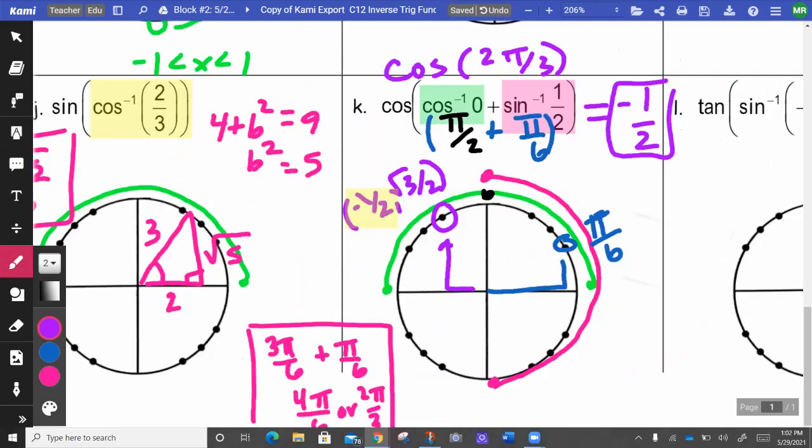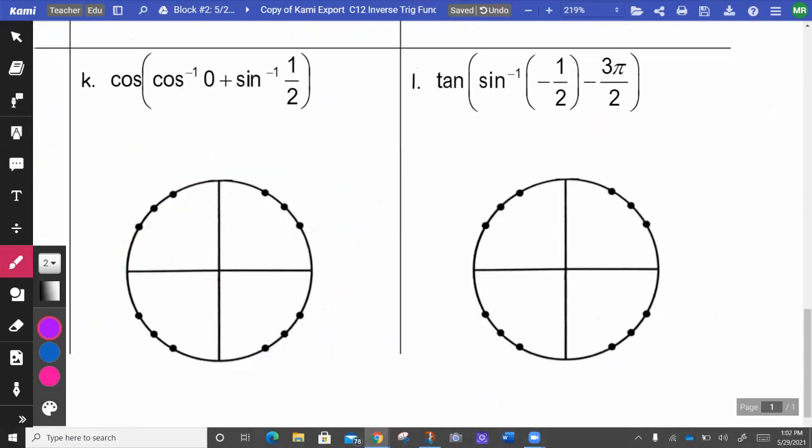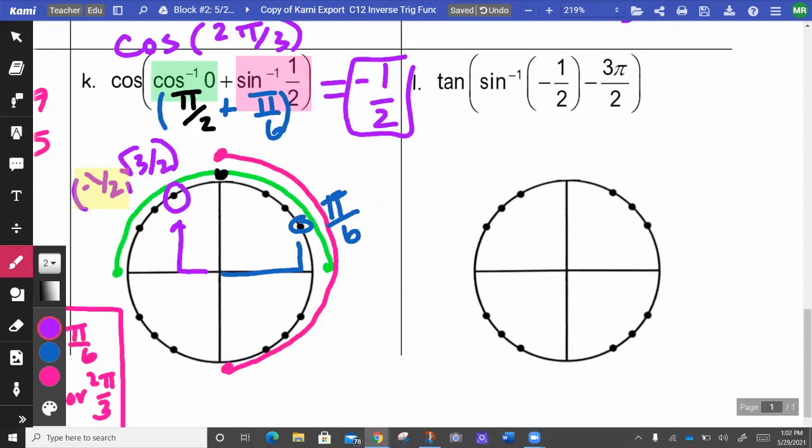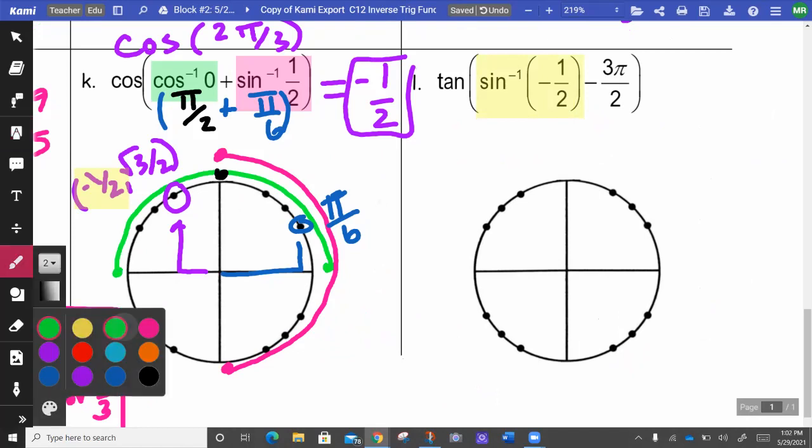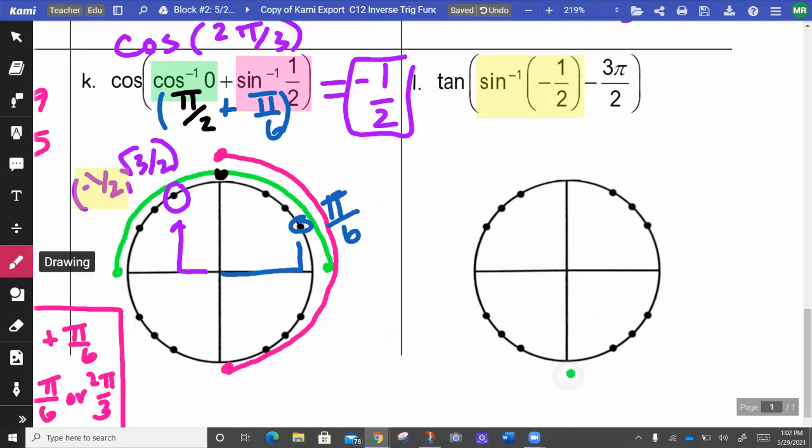And last problem, similar idea. Little less effort in this sense because we just need to find sine inverse of that and then take that angle and subtract 3 pi halves from it. So if I'm dealing with sine inverse, remember it goes from here to here. This is, remember, negative pi halves is what we're thinking of, and this is positive pi halves.